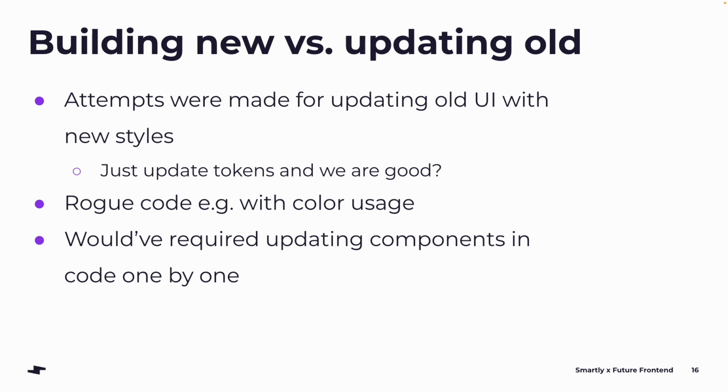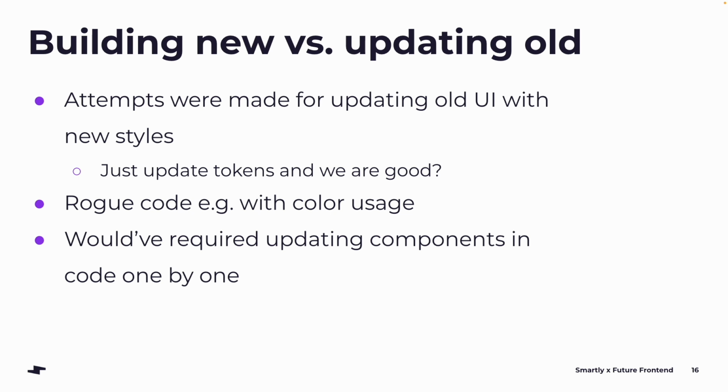Then starting to move towards the new UI. We did some attempts to update the old UI with the new styles. So just try it: just change the tokens, change some of the styles, and we should be good. Well, no, we weren't.